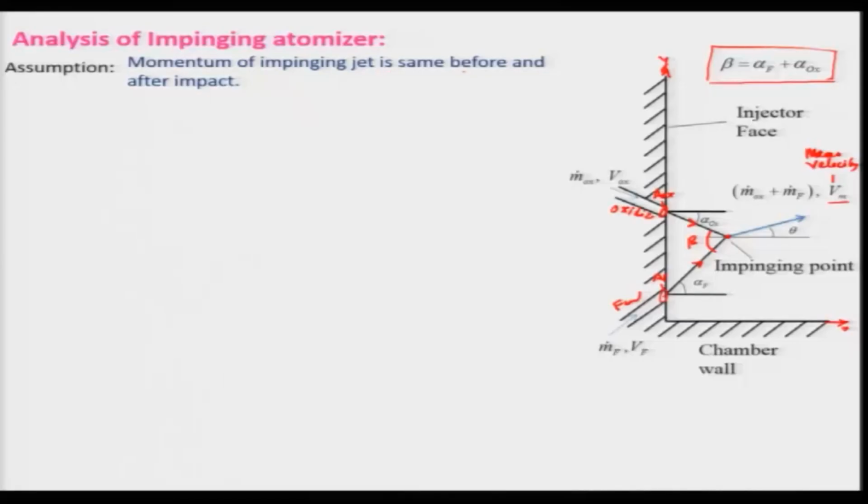And let us make another assumption, that the momentum of the impinging jets is the same before and after impact. That means momentum is conserved, and so also the mass is conserved, as we have assumed that after impingement both the fuel and oxidizer will be moving with the same mean velocity and total mass flow rate of the oxidizer and fuel, which will not be really true in a real situation.